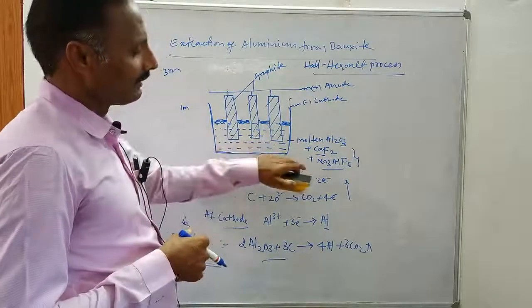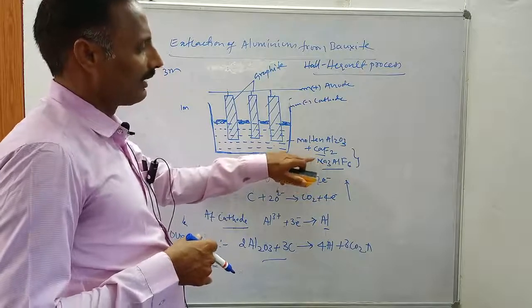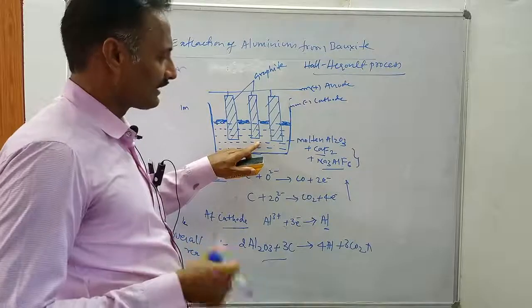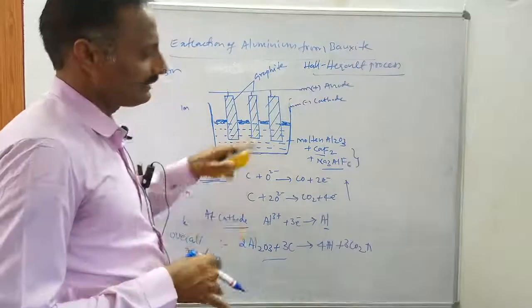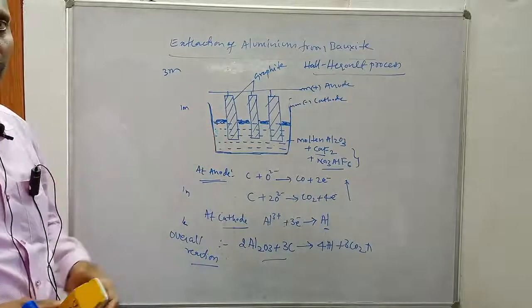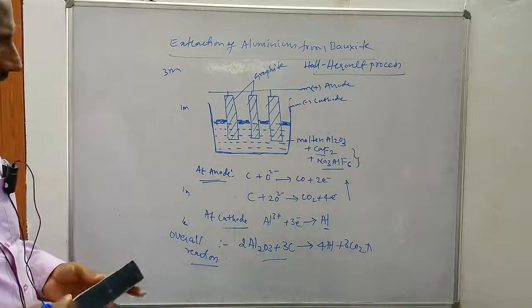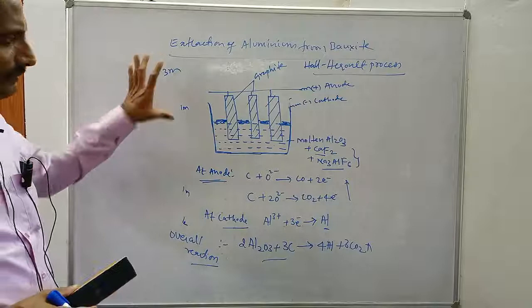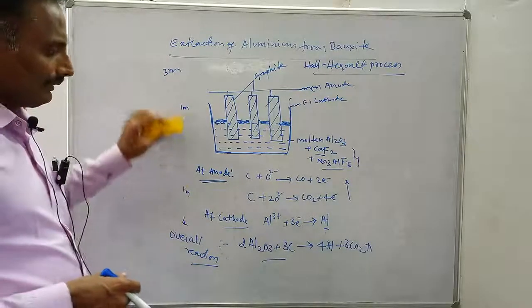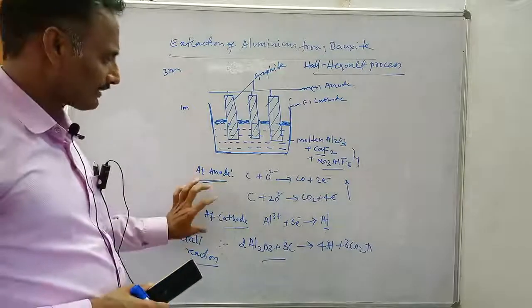The role of Na3AlF6 and CaF2 is to lower the melting point of the mixture and also increase the conductivity of the electrolyte. This is the main thing about the extraction of aluminium from bauxite. The anode and cathode reactions are more important.